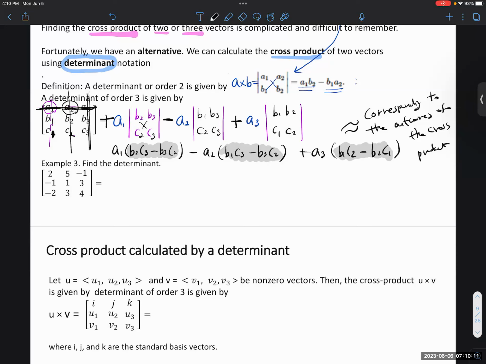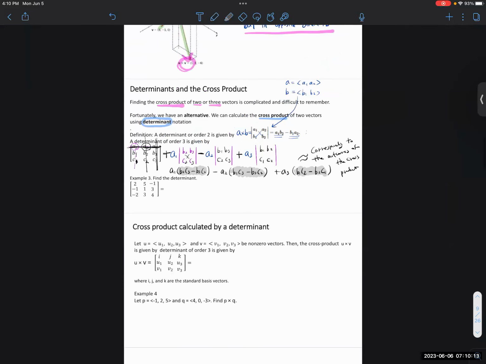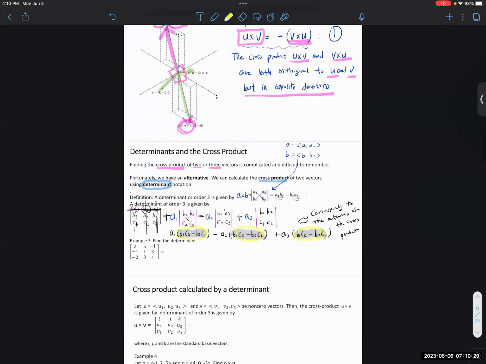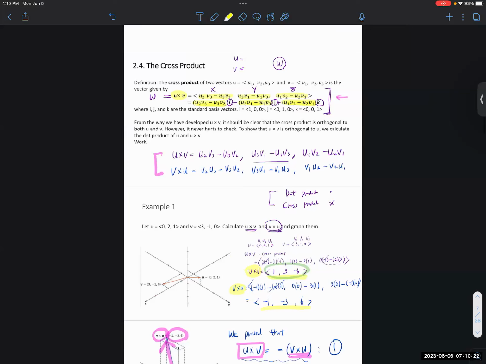So let's go up, up, up. So this number we just found out, you see that? They're corresponding, same thing. B2, C3 minus B3, C2, we just got, correct?